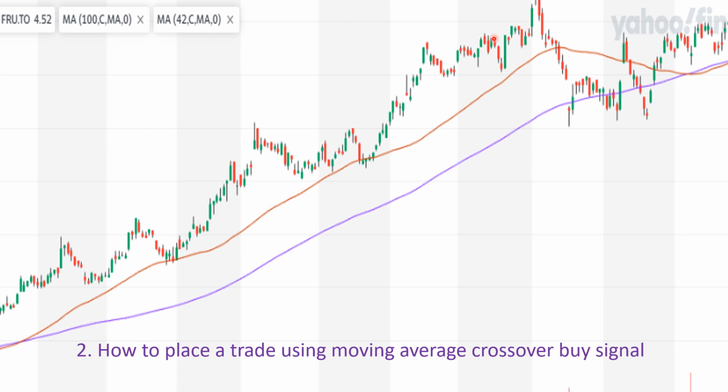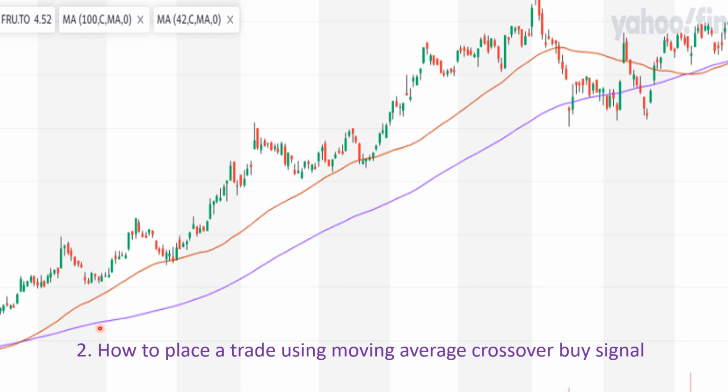And this is the characteristic of a nice trendy market. I also installed two moving averages, namely SMA 42 as the fast moving average indicated with the red color, and SMA 100 as the slow moving average indicated with the blue color.